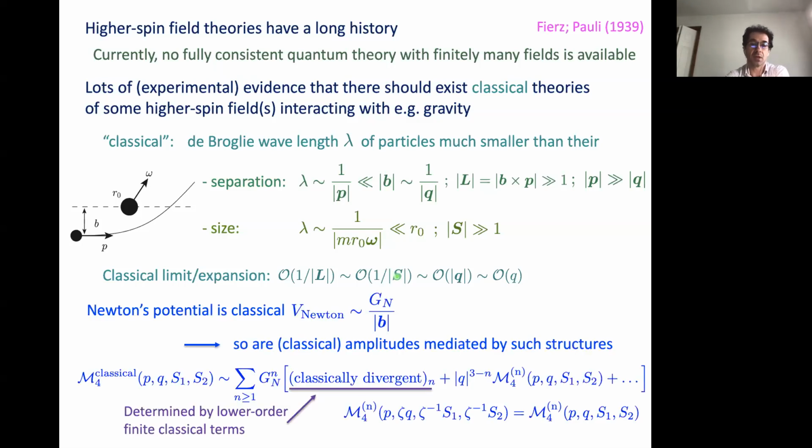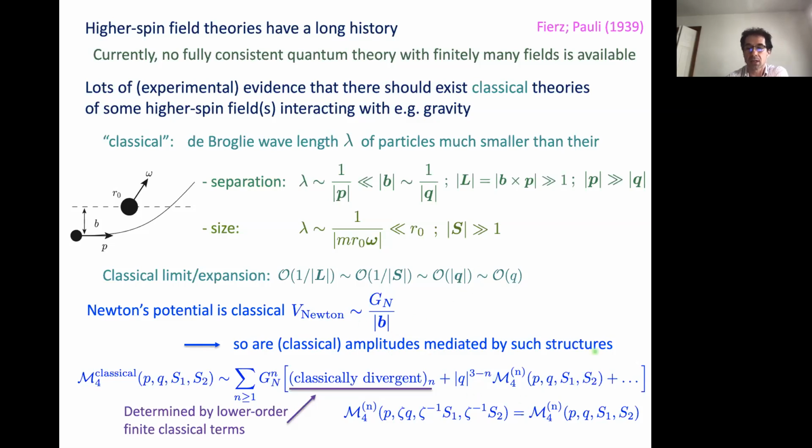And there's an ingredient that goes into that, which is the fact that the Newtonian potential is classical. So if you look into this, you figure out that a 4-point scattering, meaning you have a particle of spin 1 and one of spin 2 scattering into the same thing, at order G to the n, where G is Newton's constant, has a potentially classically divergent piece, meaning that it scales a little too strongly with the momentum transfer.